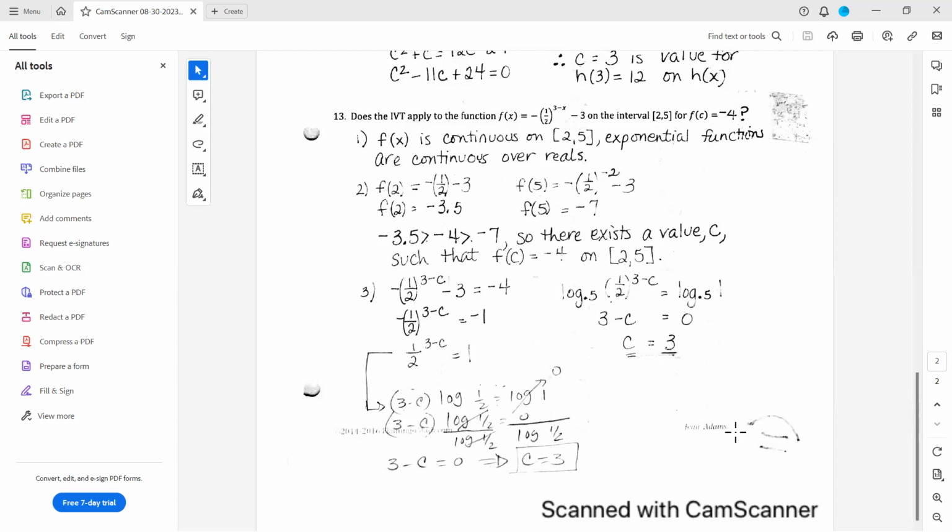Okay. Are we continuous? You can go ahead and write that statement for number 1 there. f of x is continuous on the interval because exponential functions are continuous over all reals.